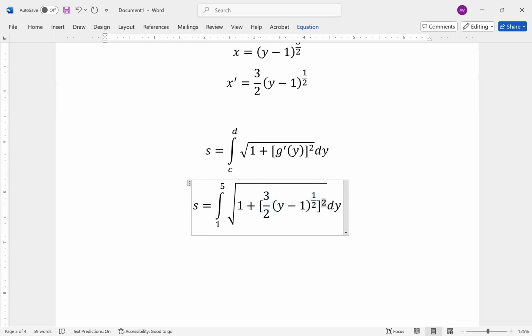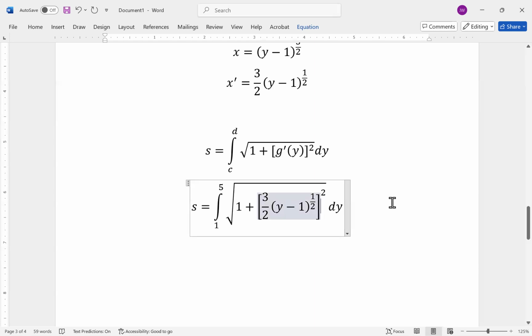When you square that, you get some nice things. I won't go through all of the details, but you can simplify that if you're doing this by hand. It's kind of a nice simplification because squaring a 1/2 just gives you a y minus 1, and then we're squaring the 3/2 as well. Squaring something to a 1/2 power gets rid of it.